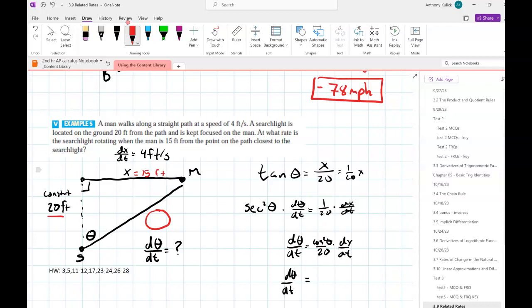What's the length of the hypotenuse going to be when x is 15? 25. You could do the Pythagorean theorem to figure that out, or recognize that it's a multiple of a 3, 4, 5 triangle. We love 3, 4, 5 triangles, mostly to just make the algebra simpler. So cosine squared is going to be 20 over 25 squared. So far, so good. And now it's just a question of simplifying this down.